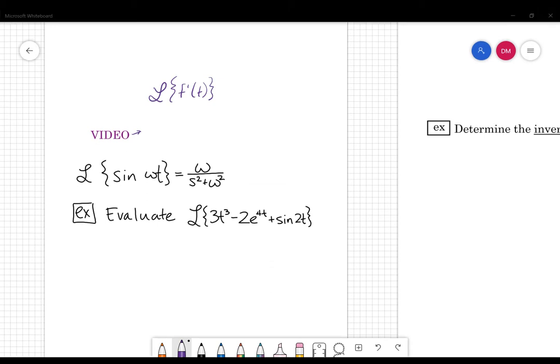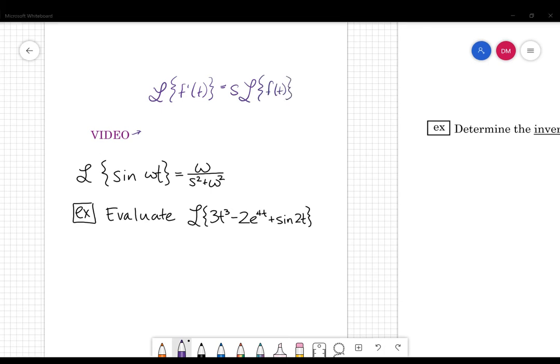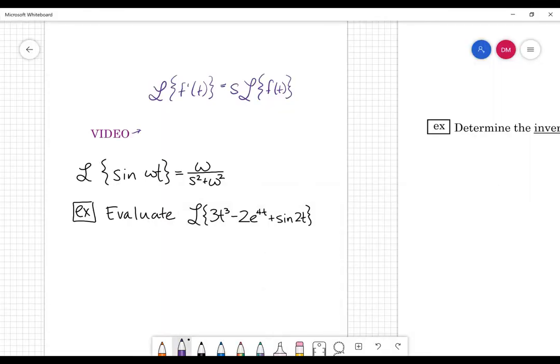The Laplace of f prime is going to be equal to s times the Laplace of f of t, minus f of 0, so our function f evaluated at 0. This will be the transform for f prime to take that into our capital F function of s.